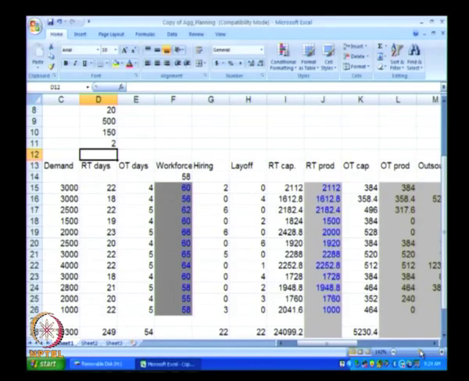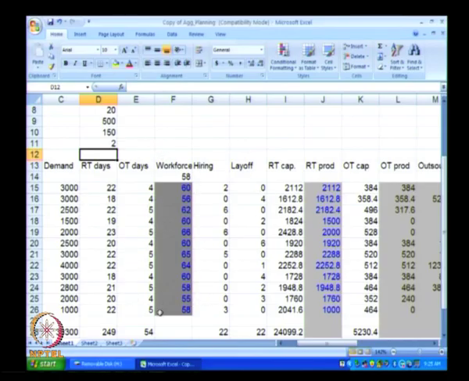We explain this using another spreadsheet where we consider additional costs as well as varying manpower. Now in this spreadsheet we use the same values of the demand, and these demands add up to 30,300. We use the same values of regular time production days as in the previous spreadsheet, as well as the same values for overtime production days as used in the earlier spreadsheet.